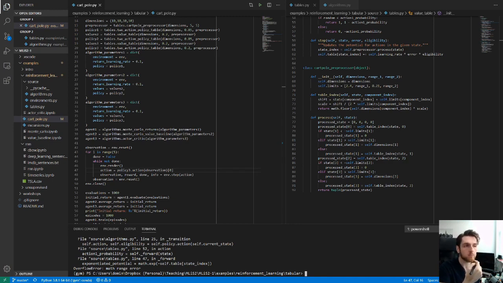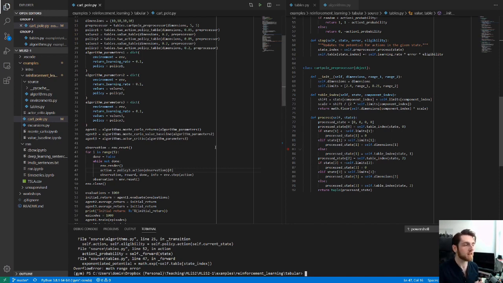And it will fail to begin with because it's taking completely random actions. The pole will just fall over very quickly. And then it will run learning and it will spit out the learning curves for the 3 different algorithms. And then it will play a video of the actor-critic policy, which usually turns out to be the best one.